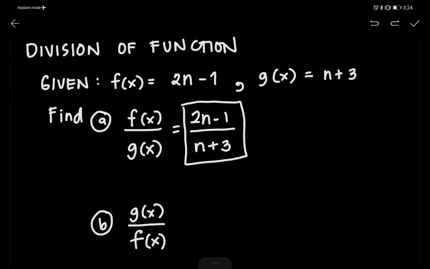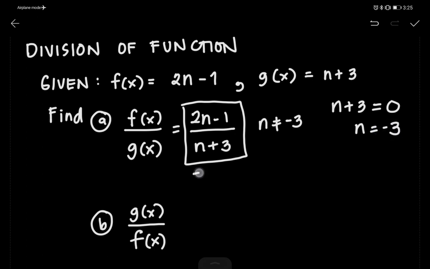In our final answer, we have to indicate that the value of our n must not equal negative 3. If n is equal to negative 3, our denominator will become equal to 0, because n plus 3 becomes 0 if and only if n is equal to negative 3.